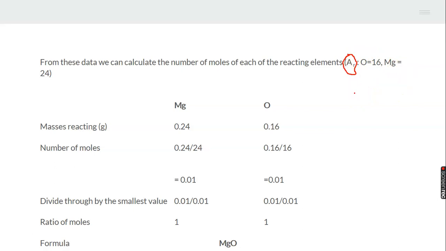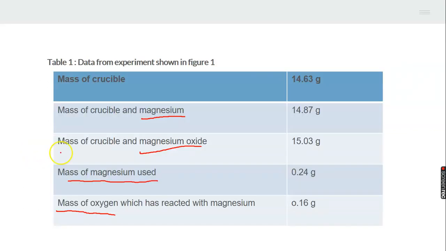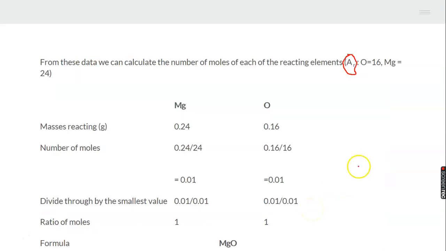That's the mass of each element as given in the periodic table. So for oxygen you have 16, for magnesium you have 24. Masses reacting, from our former thing that we got, you see magnesium is 0.24 while oxygen is 0.16. That's what I wrote here.